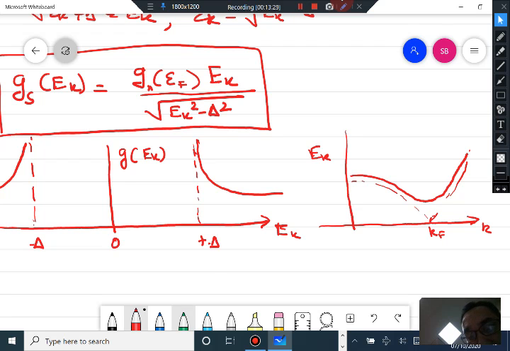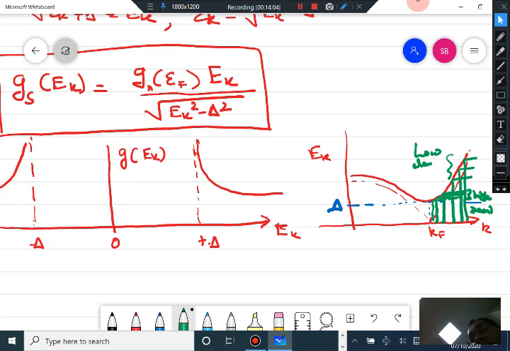Then, and this minimum is delta. So if I look at the density of states around delta, then these states are very closely spaced. If I look around delta, these states are high density, and if I move far away from delta, then I see that the states are reasonably well spaced out. Okay, so this is low density of states.